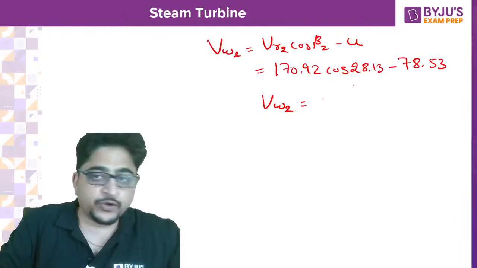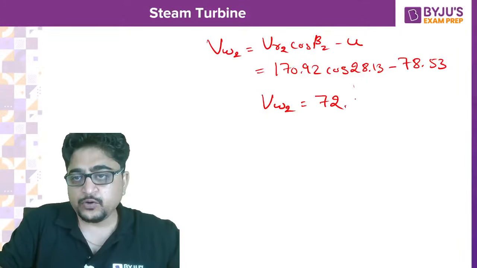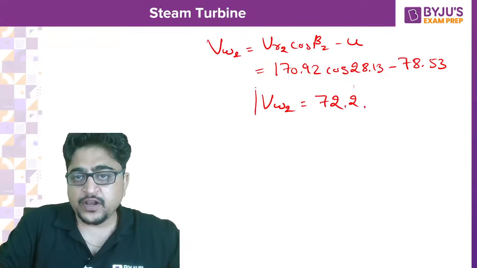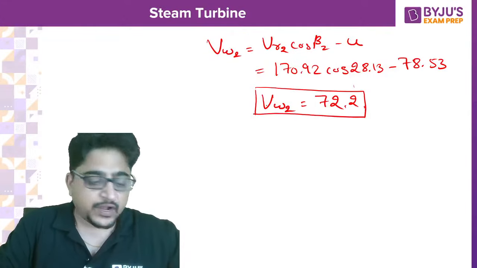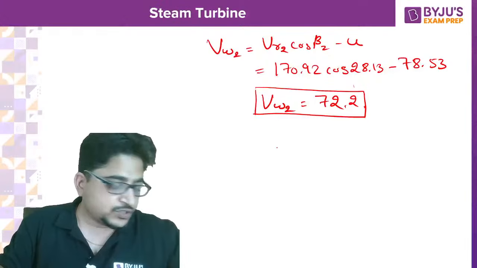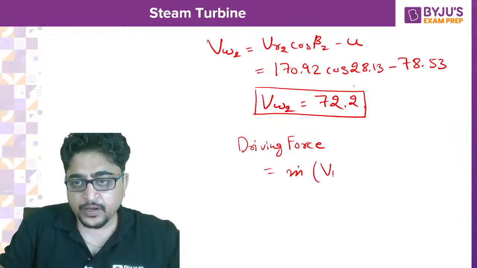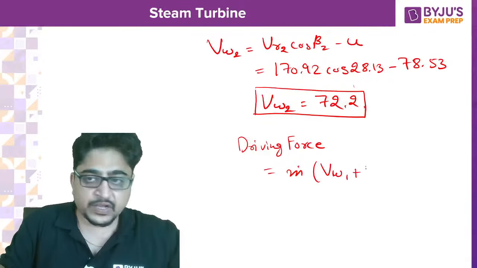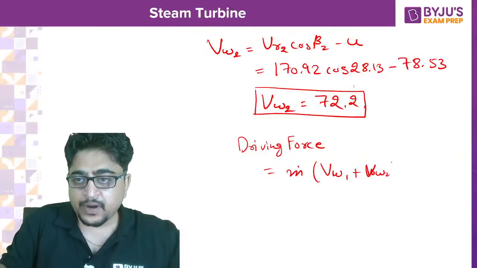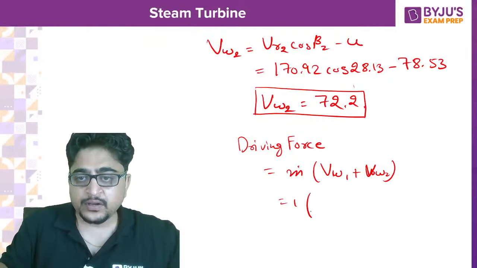So what is Vw2? Vw2 is 72.2. So I got the value of Vw1, I got the value of Vw2. So what is the driving force? Driving force is equal to mass flow rate into Vw1 plus Vw2. Mass flow rate you are going to take 1.